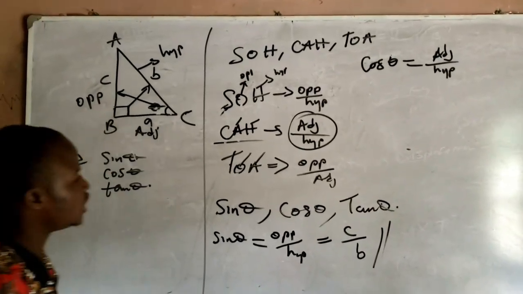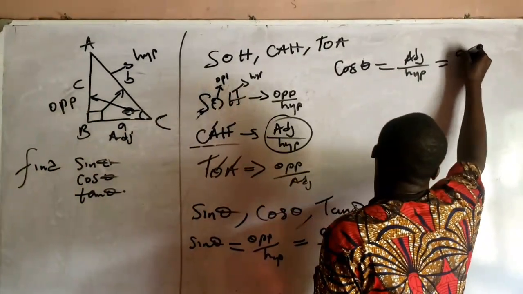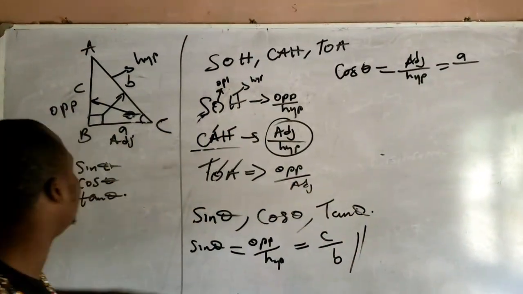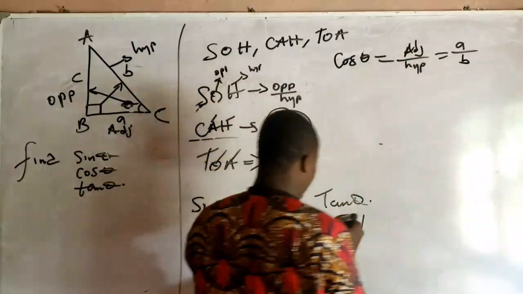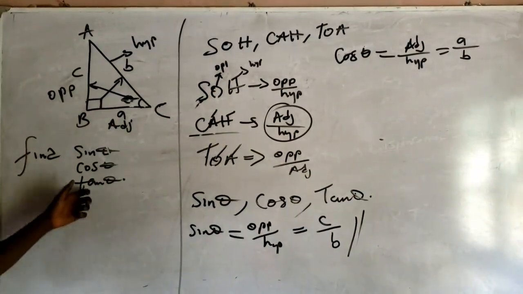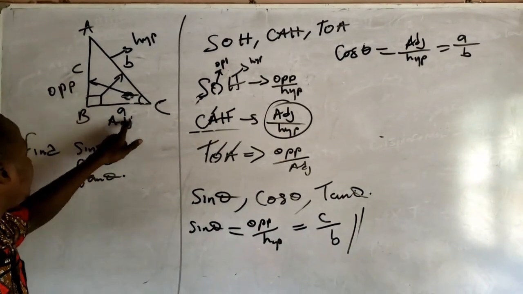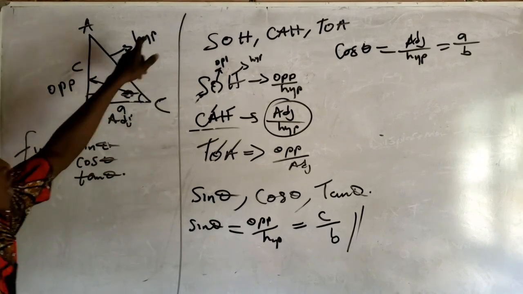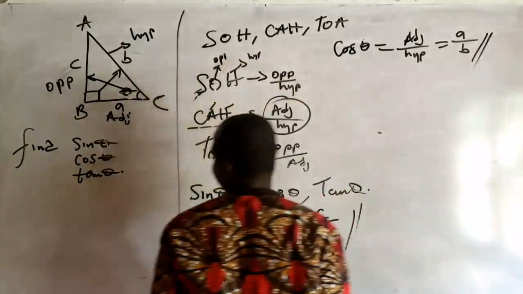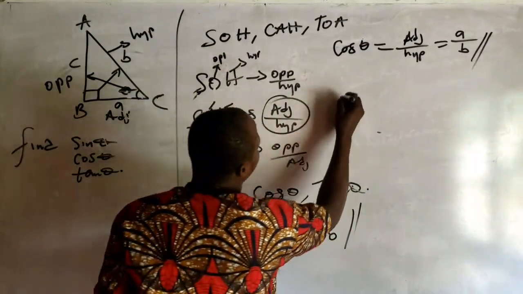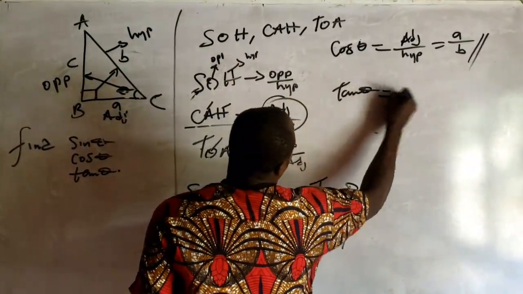It is a. And our hypotenuse is b. So cos theta, according to the question, is a over b, adjacent over hypotenuse. Very simple. This becomes our answer.